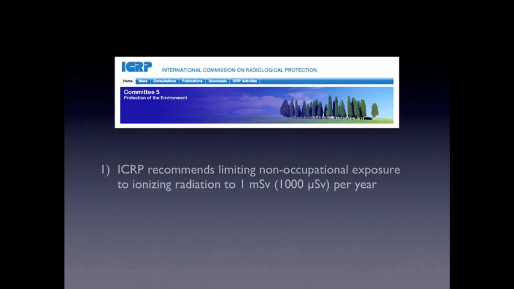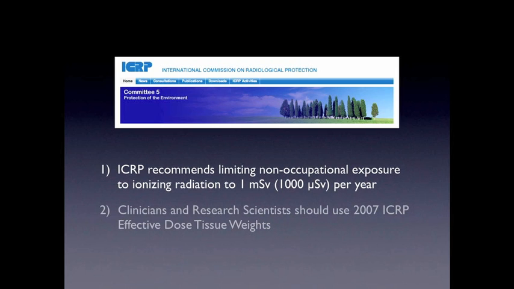To refresh you a little on the take-home messages from the first two podcasts, we discussed the ICRP, the International Commission on Radiological Protection. The things to remember from that 2007 publication are that the ICRP recommends limiting our exposure to 1,000 microsieverts per year.